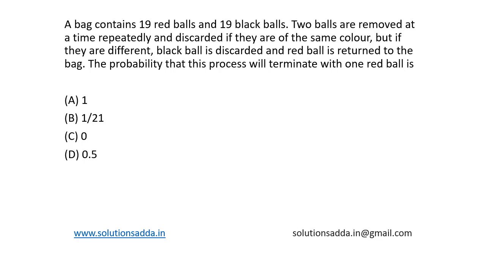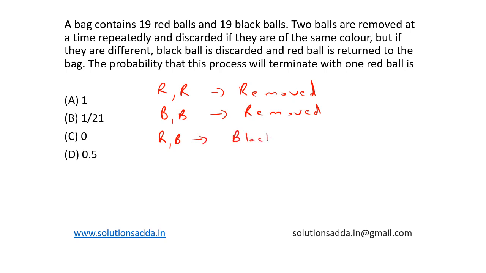When we pick up two red balls, let's denote it as R and R, both are removed. When we pick up both black balls, both are removed. Now when we pick up red and black, black is removed and red is kept.